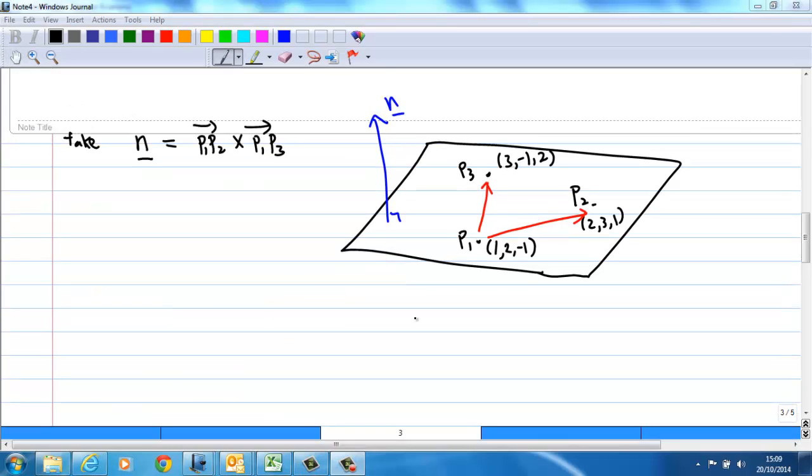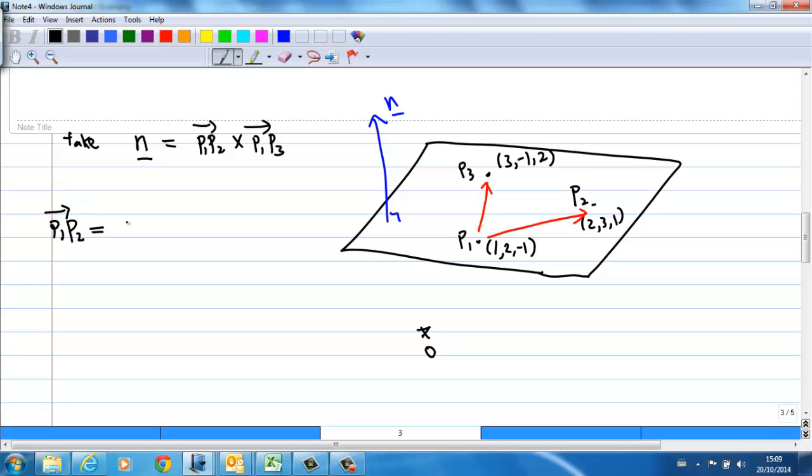Let's go ahead and compute the vector n. We need to find out what P1P2 and P1P3 are. Imagine that you have an origin here. Then the vector P1P2 is the position vector of P2, which is OP2, minus the position vector of P1, which is vector OP1.